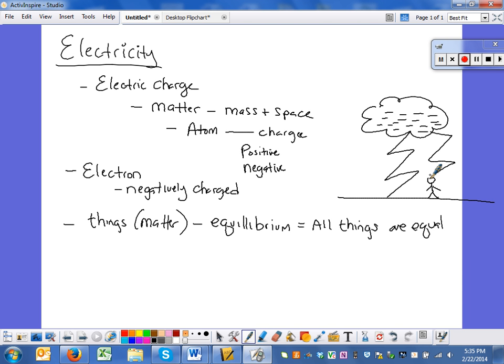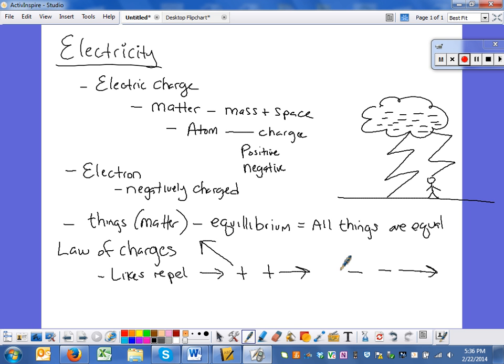And there's some laws that kind of go along with this, that kind of explain this. The law of charges. And that says a couple things. Likes repel. So if you have positives and positives, they try to get away from each other. Or if you have two negatives, they get away from each other.